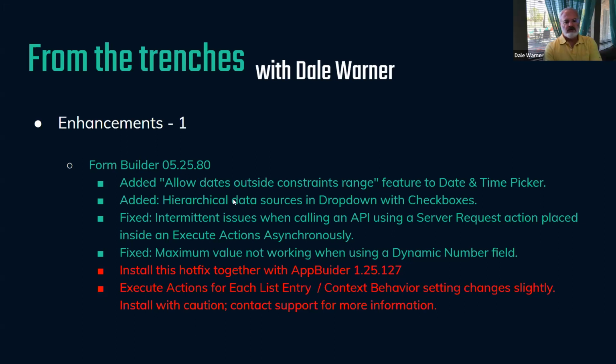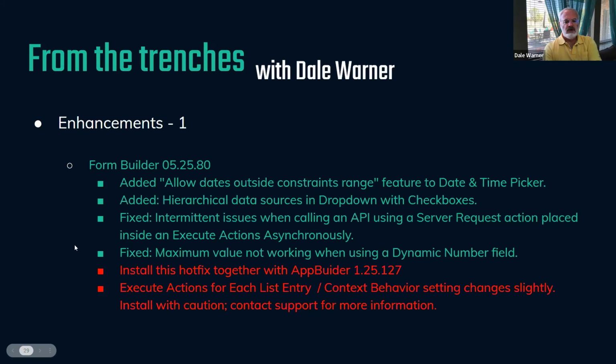Within this, we now allow dates outside of the constraints. So you can say that you can't enter a date off into the future or in the past, but if that's part of your data, it's now allowed. That's a nice addition to the date and date-time picker.